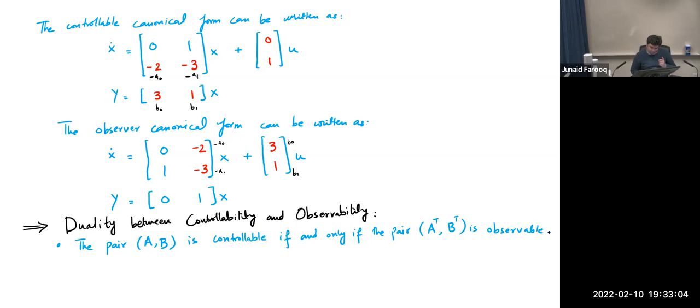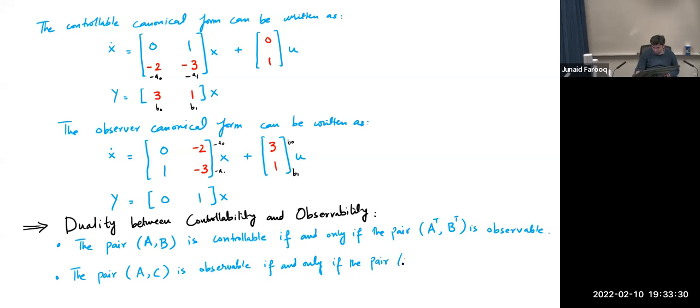It's a very useful property. And the same for the other way around. So the pair A, C is observable if and only if the pair A transpose, C transpose is controllable.